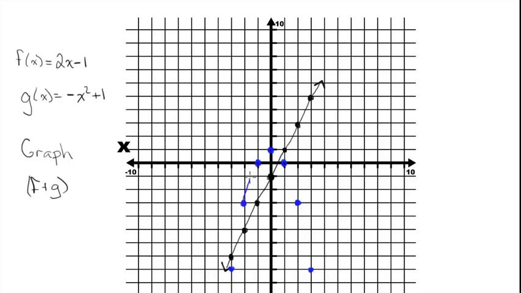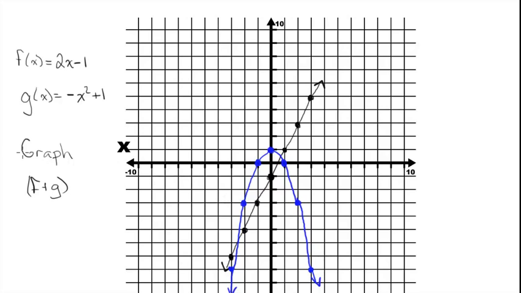But we always start with the vertex, and then you have to sort of know the pattern for the rest of the points. Alright, so these are the two functions.